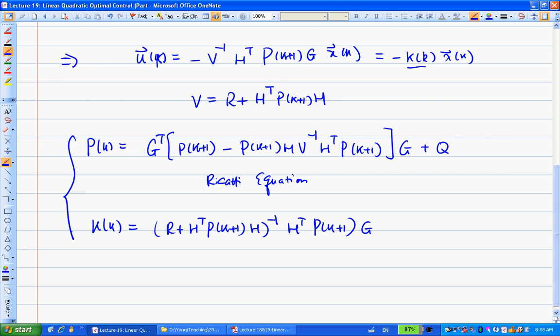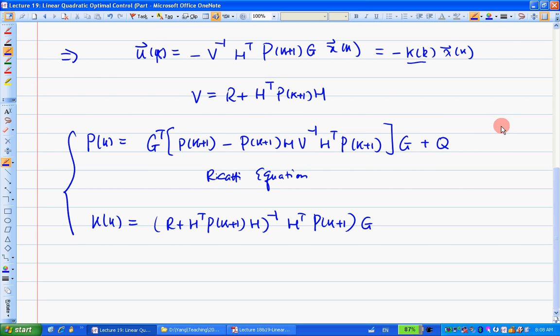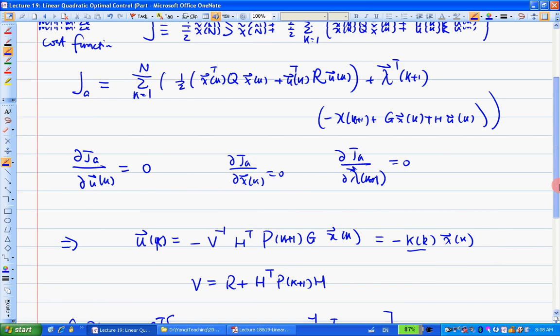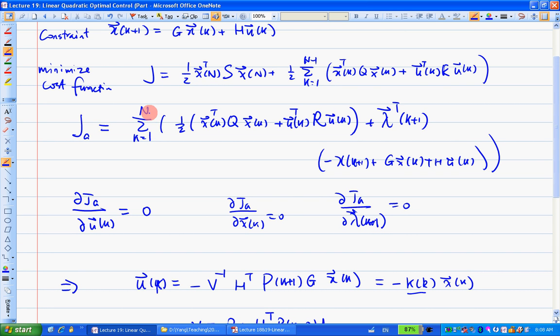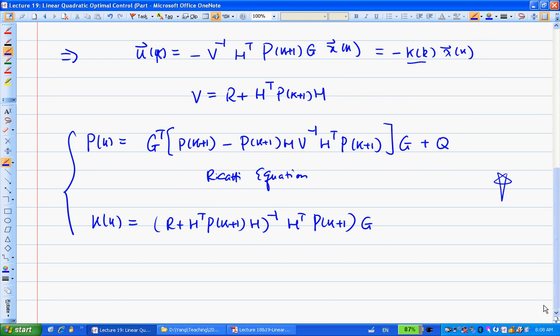Ultimately, when you think of optimal control, by going through all of these different derivations, what you deal with is these two equations. In terms of programming, it's just 2 lines of code. That's basically optimal control. There's a limited value N here, so this is called finite horizon optimal control.